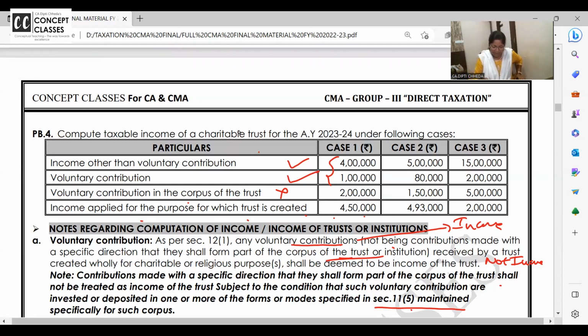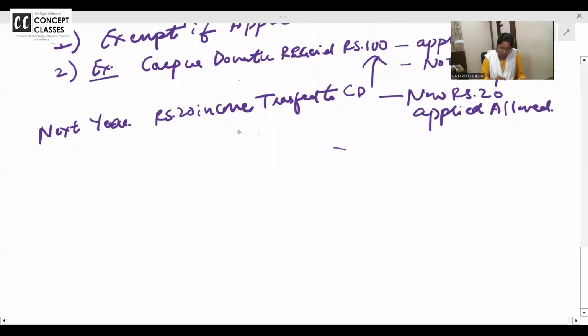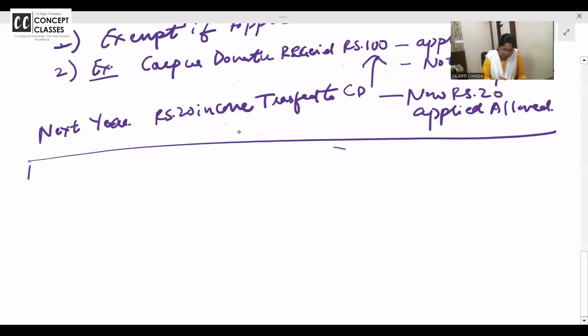इसको notebook में करते हैं. Problem number 4 and we are doing it right now. Reading part is clear. It's a very simple problem. Problem number 4 in your notebook. Examples भी बहुत अच्छे हैं, अच्छे से करके रखो.